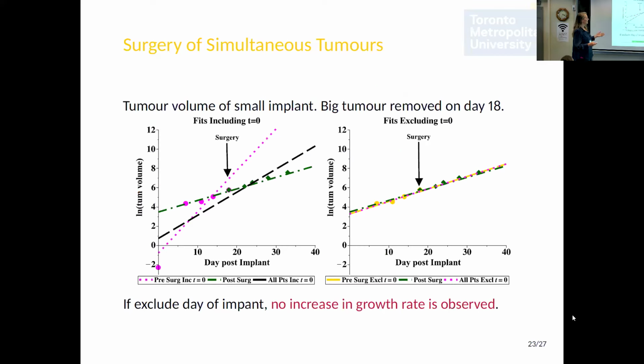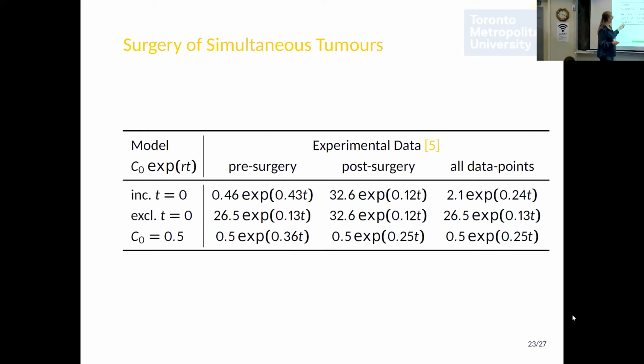And so we used our model to simulate that and looked at what the growth rate is for that data using our model. And you can see the best fits here: if you're just fitting to the pre-surgery data or the post-surgery data or all the data points, the growth rates are essentially the same.